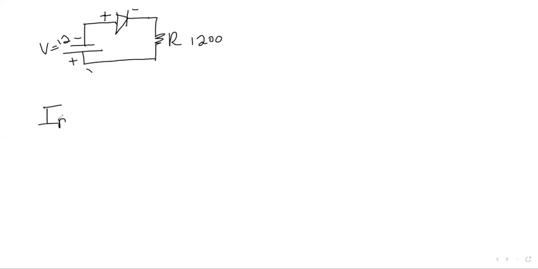So simply, IR is going to be equal to 0 amperes, meaning VR is going to be 0 volts. So in reverse bias in the practical model, the current and the voltage of the resistor are 0, because it's an open circuit.